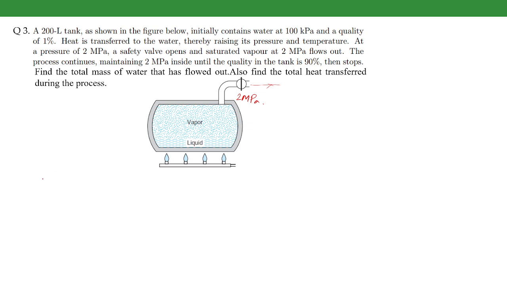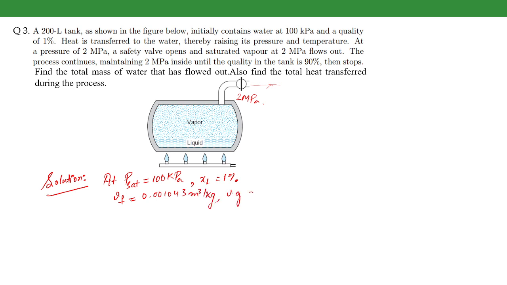Okay, so we will start with the initial state. x1 is 1%. Specific volume is 0.001043 of the liquid phase, and of the gas phase is 1.69 meter cube per kg.